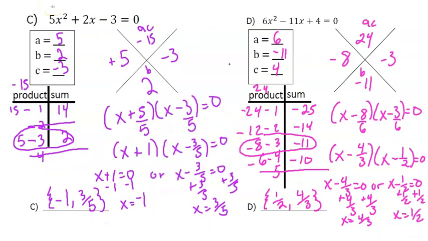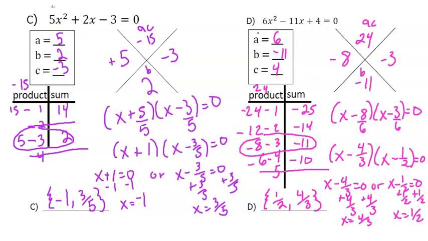So let's go over the steps of solving a quadratic equation by factoring. You want to see if you can take out a greatest common factor, and you want to make sure that the equation is set equal to 0 and not some other number.